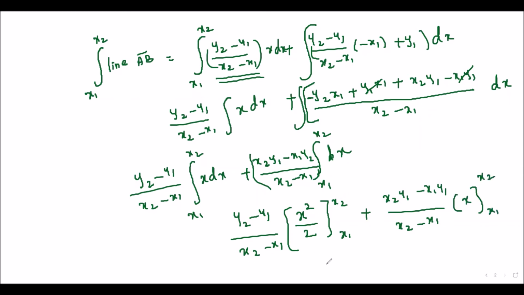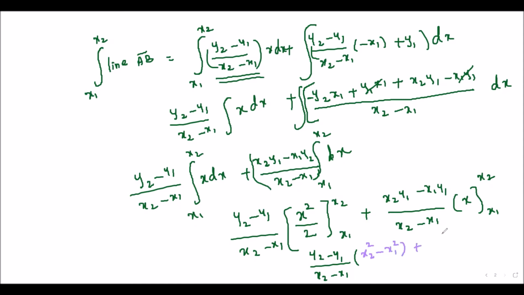So I will have this constant, (y2 minus y1) divided by (x2 minus x1) of, when I apply the limits, x2 square minus x1 square. To make you understand, let me use some other color. So this one is nothing but upper limit minus lower limit, x2 square minus x1 square, right?